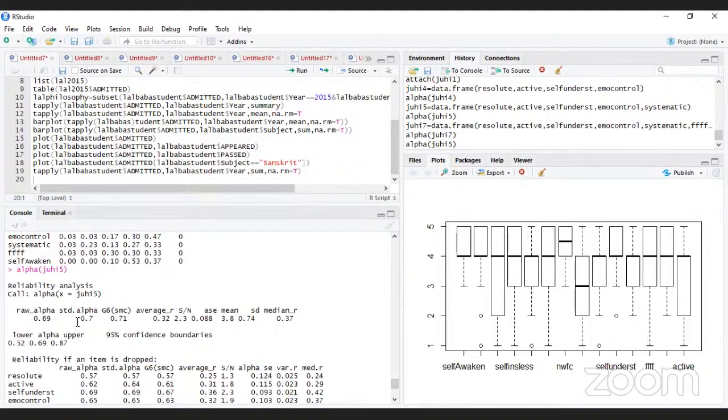So we can consider only these 5 items because the Cronbach's alpha will be 0.7. So if we want to add some more items, then Cronbach's alpha will be less. Why? Because the item total correlation is less than 0.45. Okay.